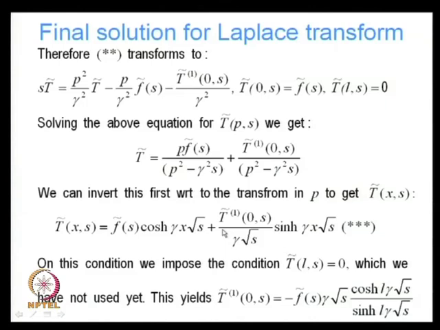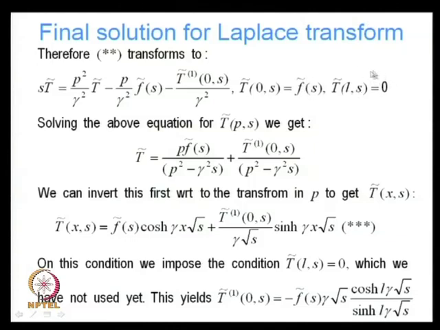I have not talked too much about how to do the inverse transforms, that is going to take too long, but you can look up any good book on engineering mathematics on the inverse Laplace transform. So, after doing the inverse transform in the spatial domain, I get this, and on this I impose the condition that T tilde at L s is equal to 0, right.